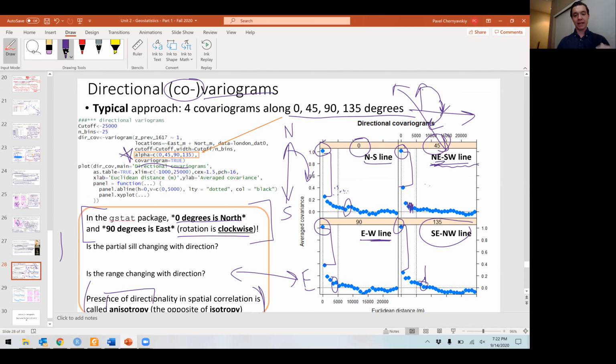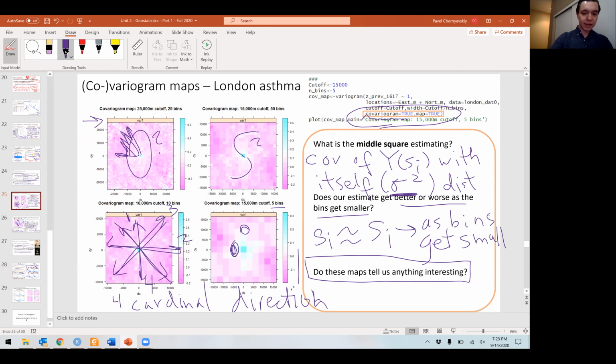We have mild evidence at best that the covariances differ with direction. There are some minute differences. And again, that too, we could have probably extracted from this covariogram map, that the north-south direction is somehow different.